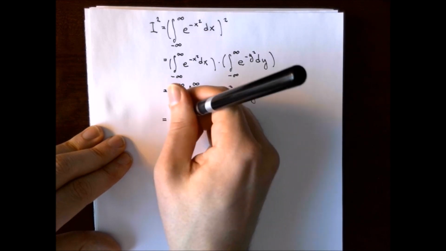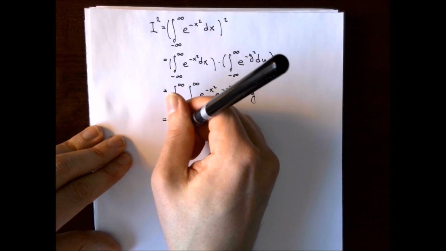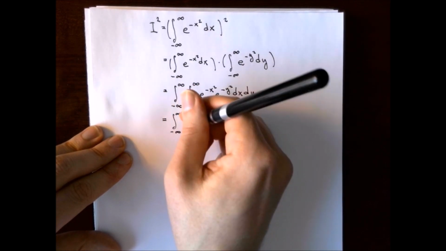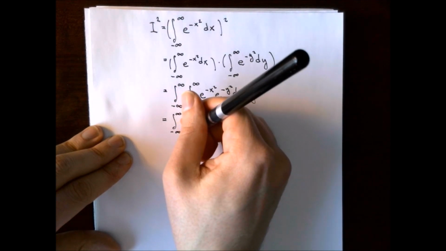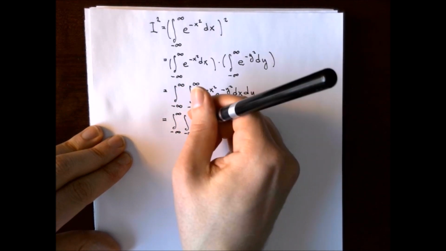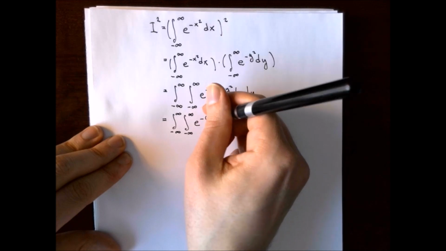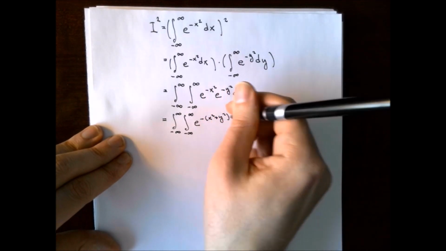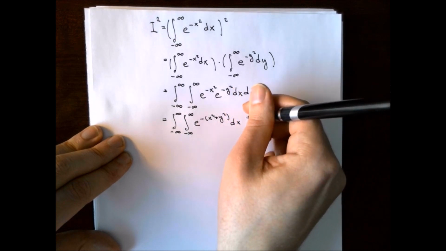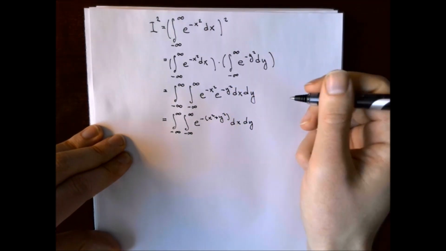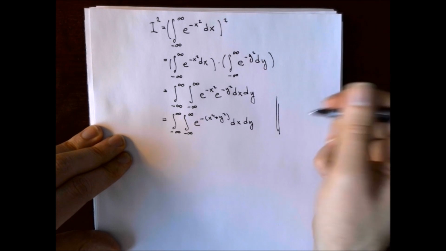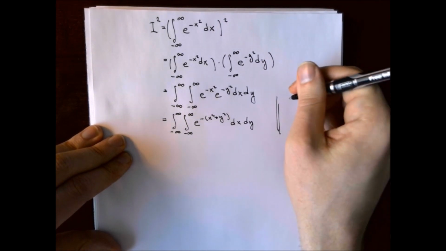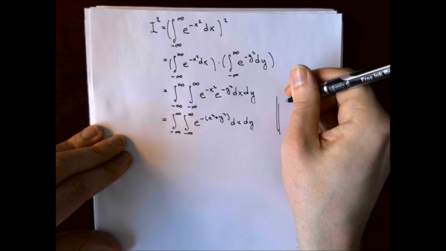We can also write this as the double integral from minus infinity to infinity e to the minus x squared plus y squared dx dy. Now the trick we're going to do is to change into polar coordinates.